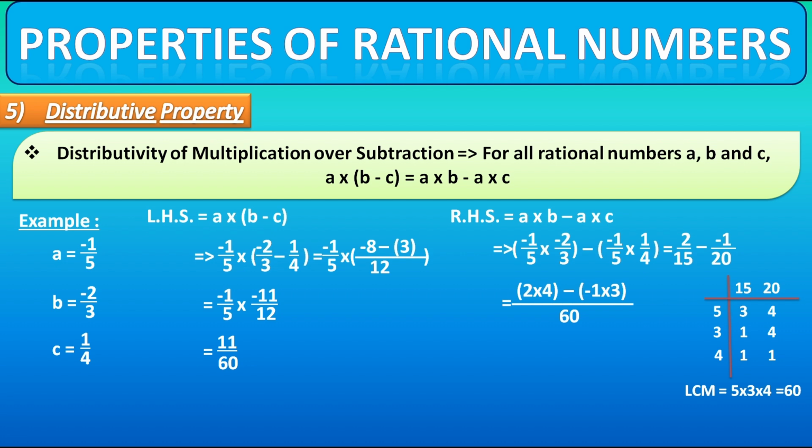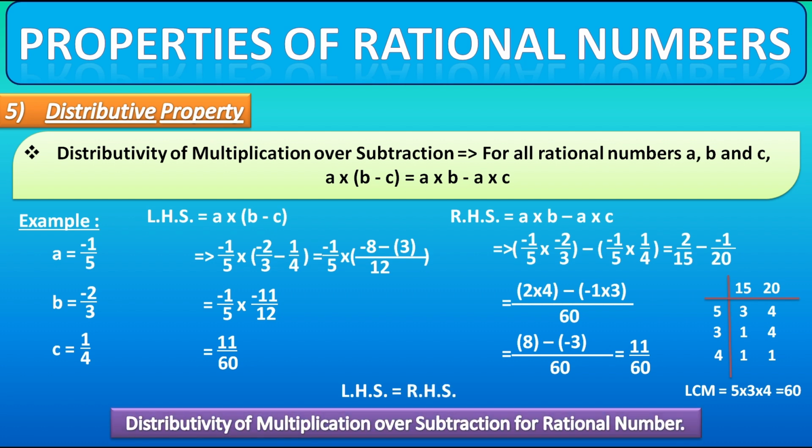Okay, so now I got 2 fours are 8 and minus 1 threes are minus 3. So as outside the bracket we have a minus sign, we have to change the sign of minus 3. That will become plus 3. That's why the answer will be 11 upon 60, which is equal to the RHS. That's why we can say that distributivity of multiplication over subtraction for rational numbers also holds true.